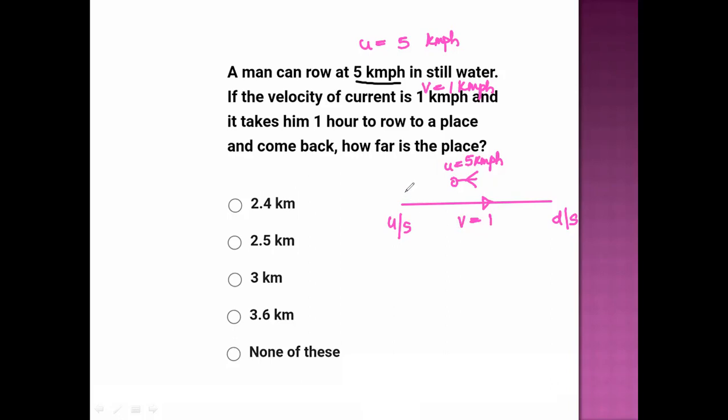Now what they have given is that it takes him 1 hour to row to a place and come back.